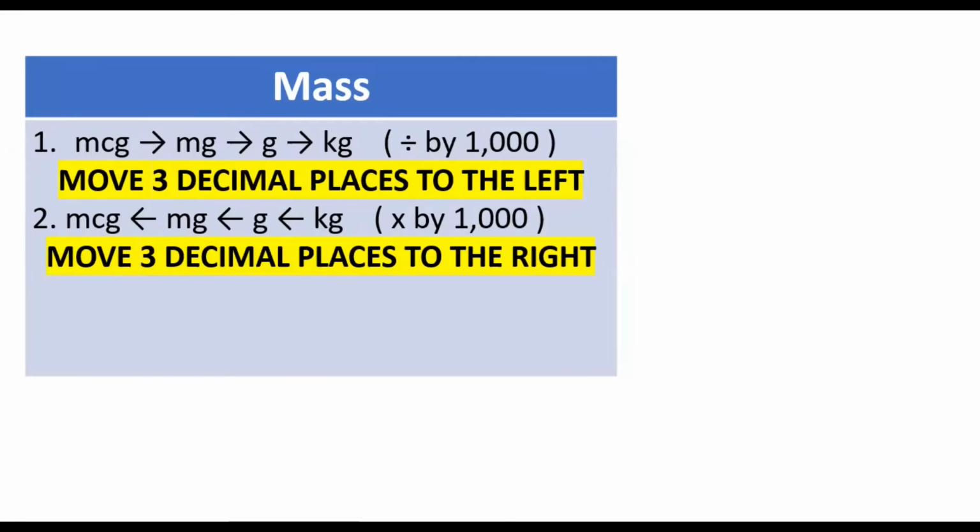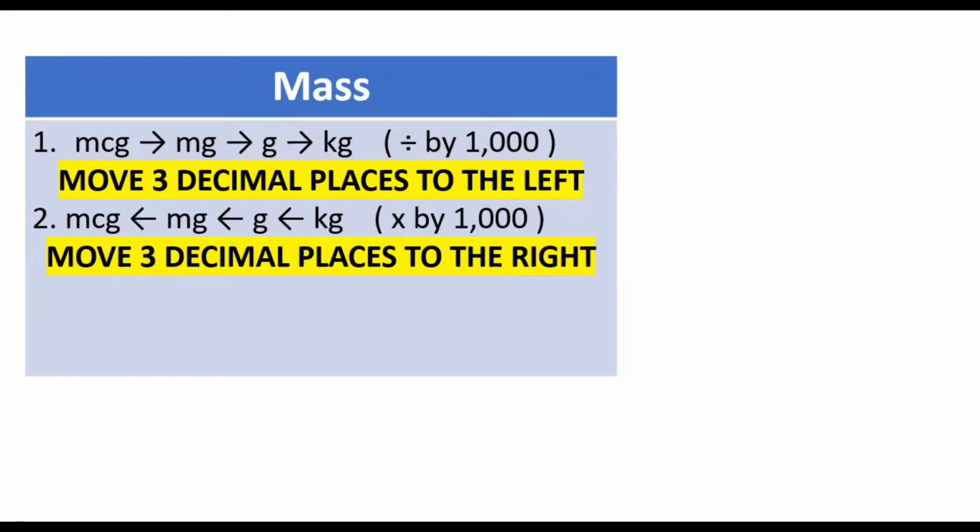So, in converting from a smaller unit to the next higher unit, for example, microgram to milligram, we need to divide by 1,000 or simply move 3 decimal places to the left. Why 3 decimal places? Because 1,000 has 3 zeros, so dividing by 1,000 will necessitate us to move 3 decimal places to the left.